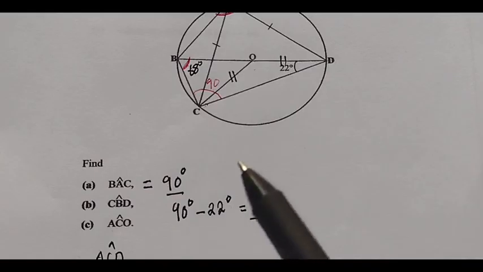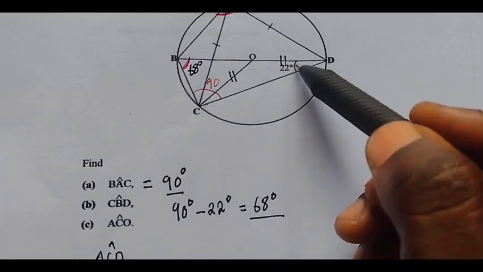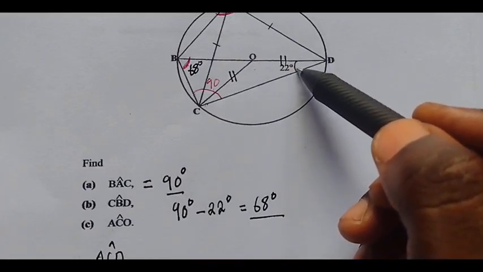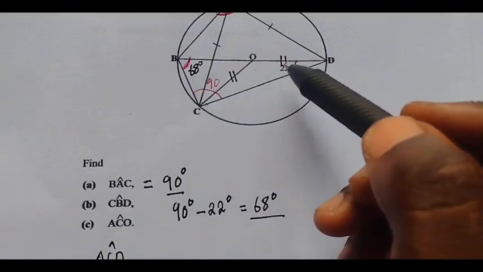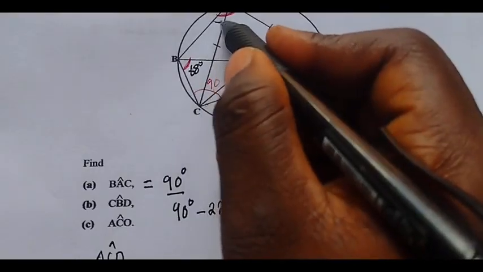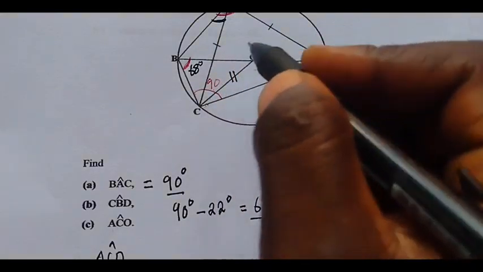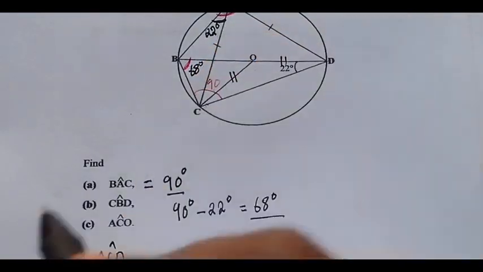The most important thing, let's take note of this angle right here. If you have 22 degrees here, this BDC is 22 degrees. So this is going to alternate with this, angles in the same segment. So we are going to have 22 degrees right here.